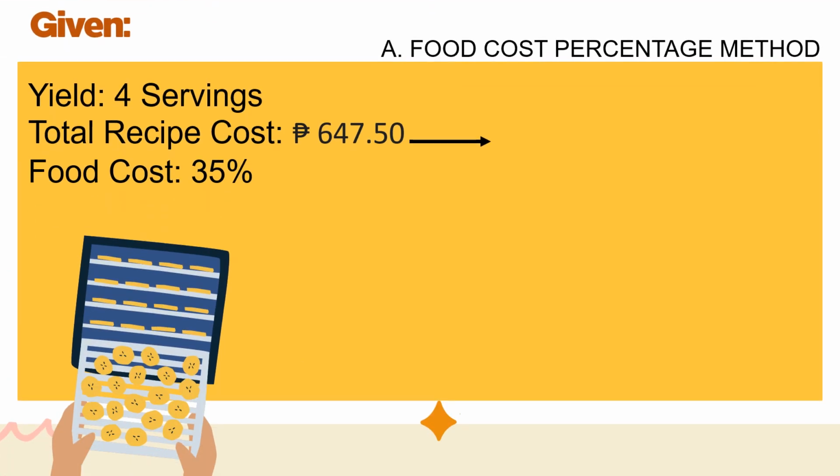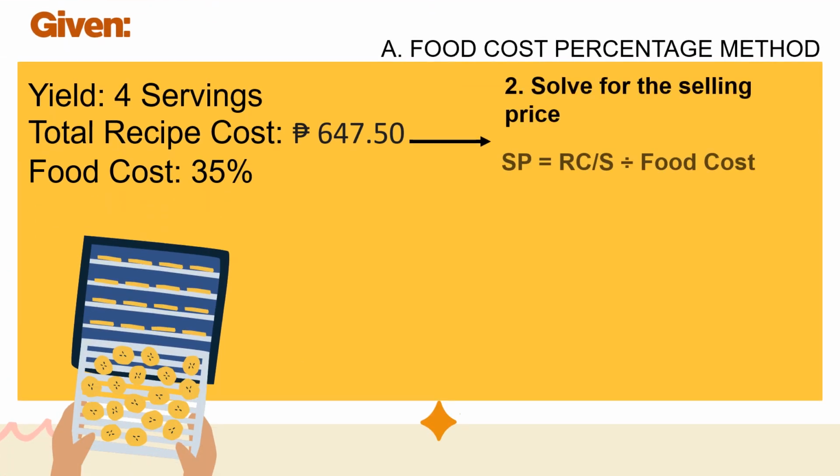So, to compute for the selling price, the formula is recipe cost per serving divided by food cost. So, the recipe cost per serving is 161.88 divided by the food cost, which is 35%.